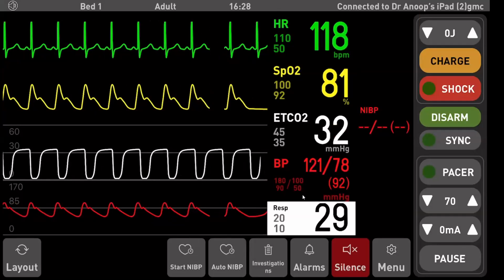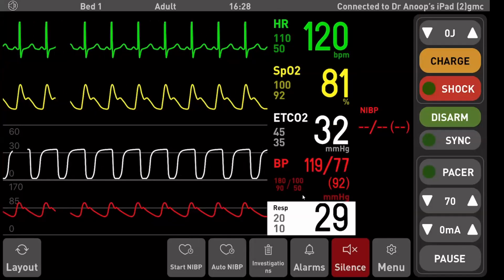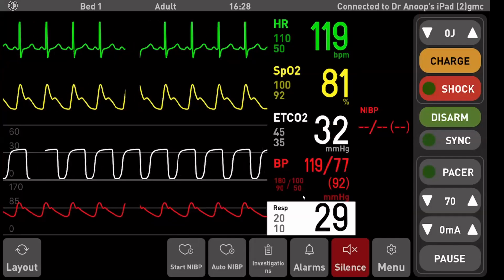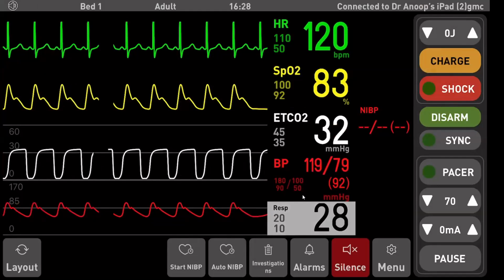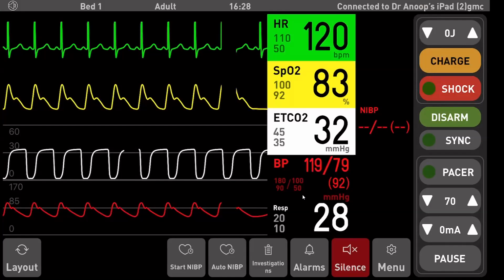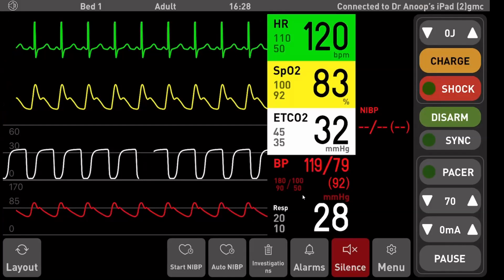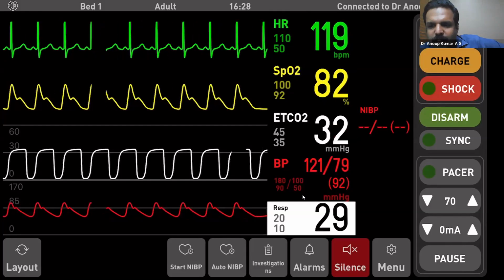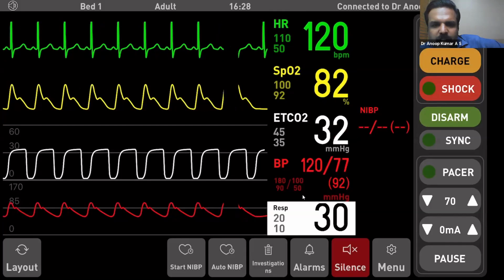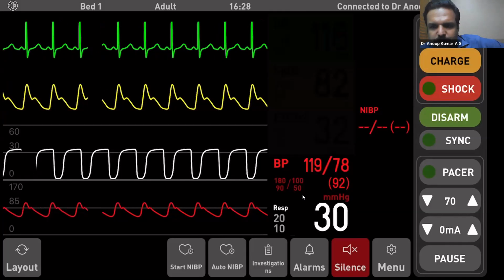So that saturation was okay, but now saturation is dropping. We might have fluid overloaded her with the 1.5 liter because her creatinine was also elevated. I forgot that. In this case, we should have given less amount of fluid, sir. They have already given, but we cannot do anything now. Your sister has already given. What else you have to do from now? You tell.